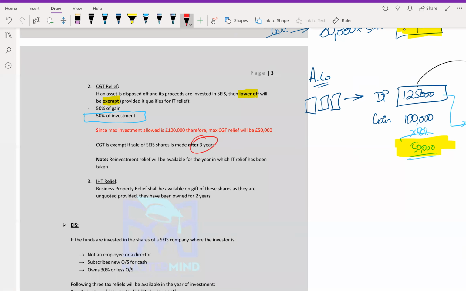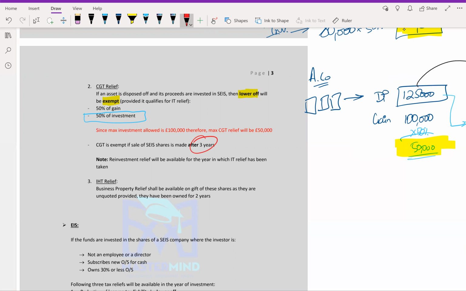Reinvestment relief will be available for the year in which income tax relief has been taken. That means if you have claimed the income tax relief in the current year, you will get the CGT relief in the current year only. If you have claimed income tax relief in the previous year, CGT relief will also relate to the previous year.